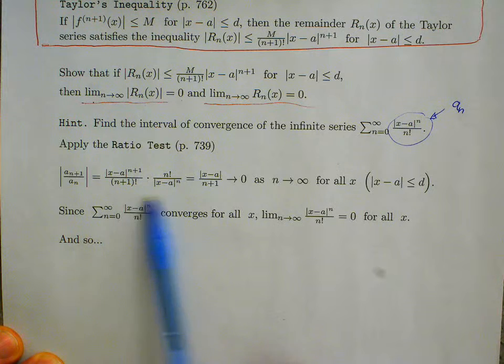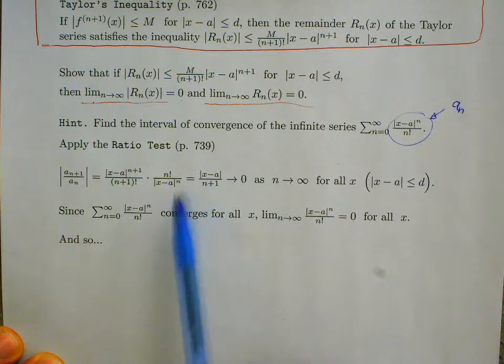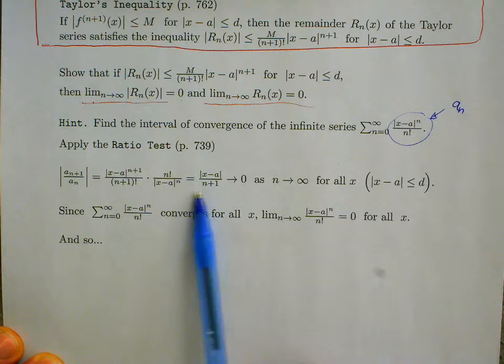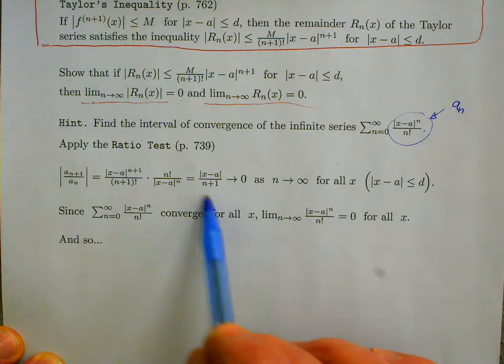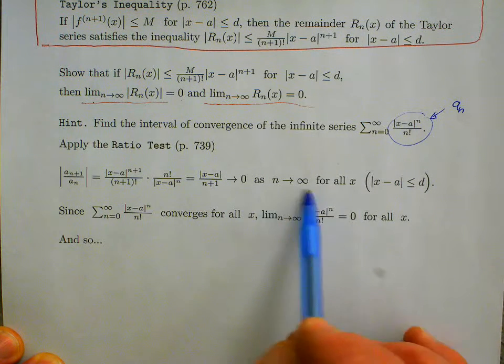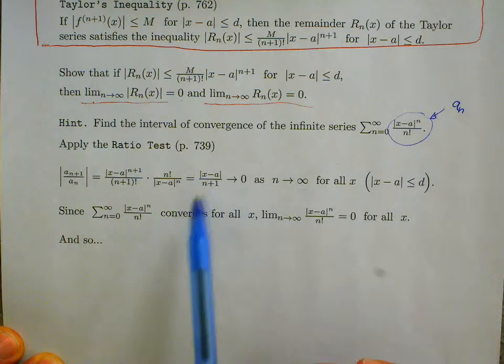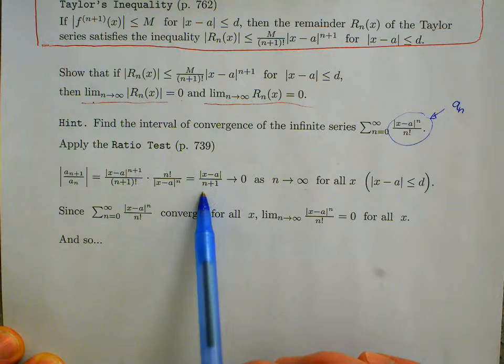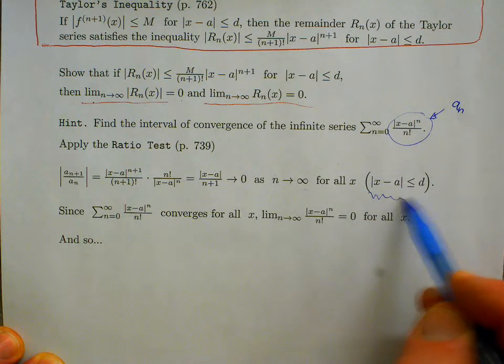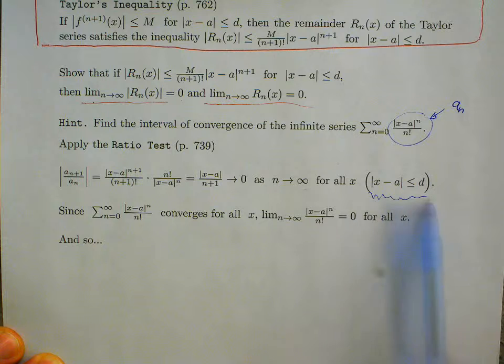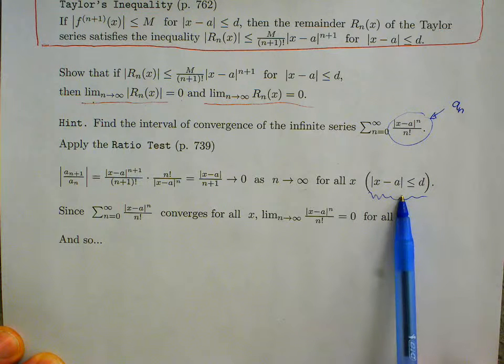When we simplify, we get the absolute value of x minus a over n plus 1. And then we take the limit by letting n go to infinity. And for all x, this limit is 0. But in particular, it's going to be true for the values of x that satisfy this inequality.